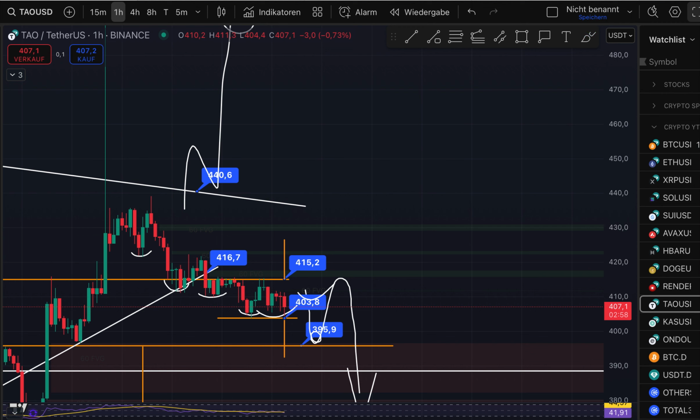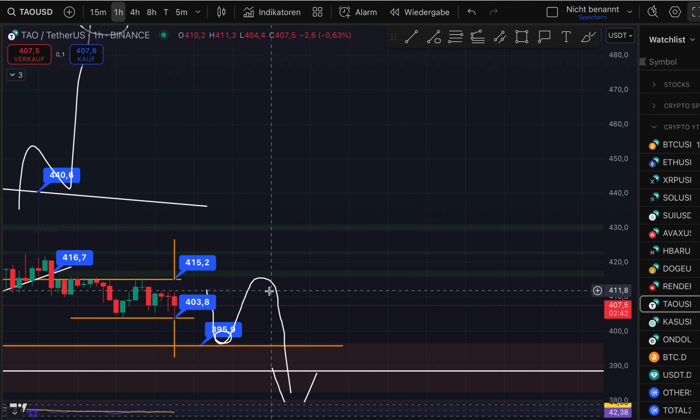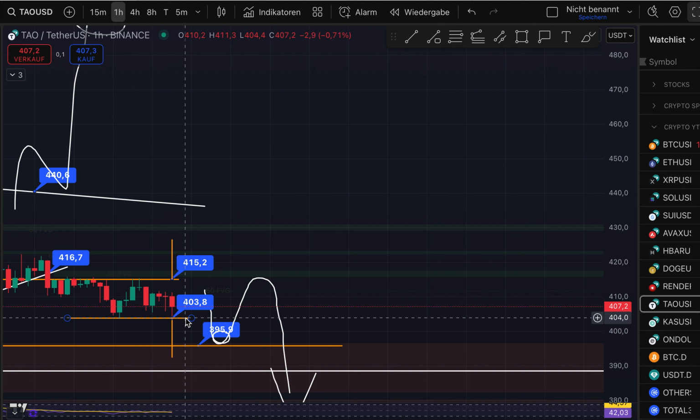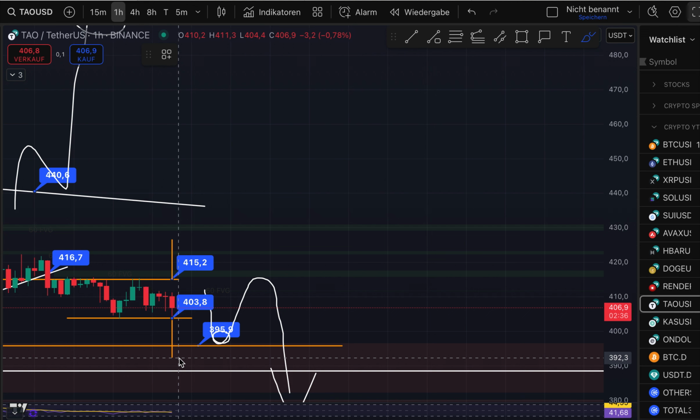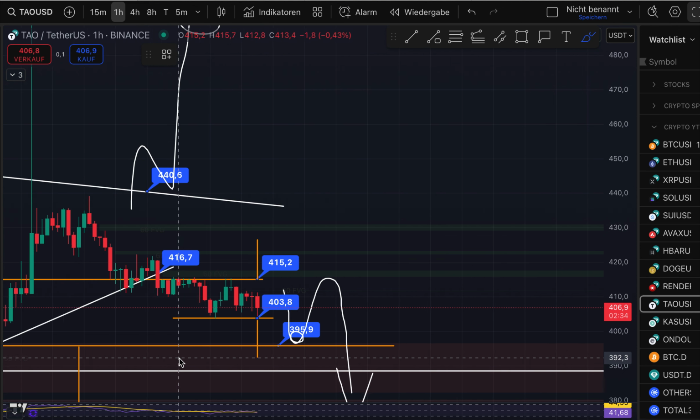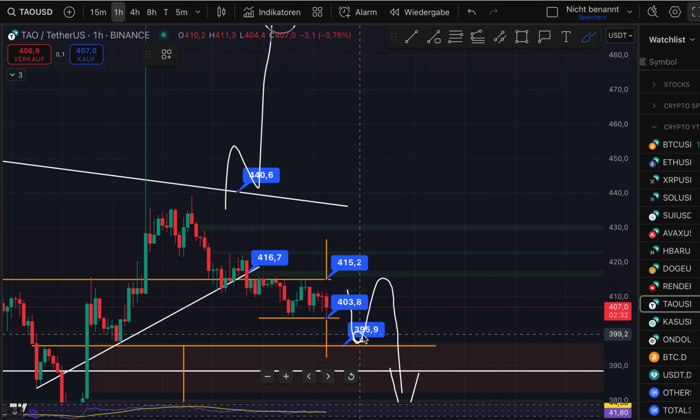So now we have a rectangle, in my opinion, and this rectangle is going to show me where TAO is going to drop or where it's going to get its price up if we break to the upside. In the end of the day, we have two key levels here, 404 US dollar. If they break to the downside, then the target is going to be 392 US dollar for that rectangle, but for sure 396 US dollars is going to be support.